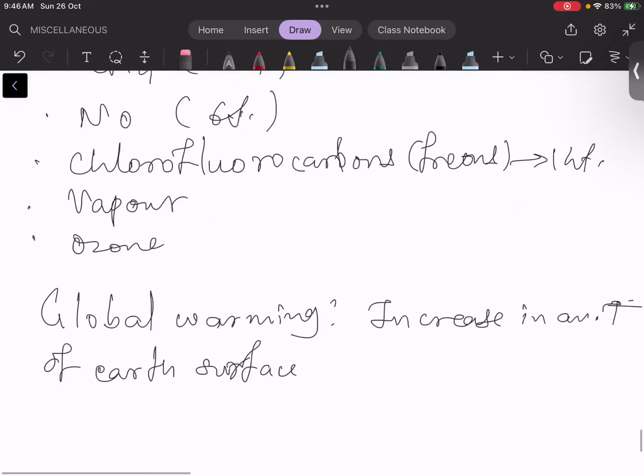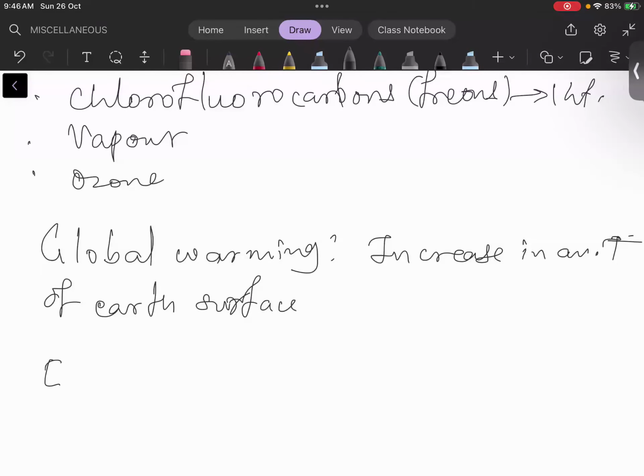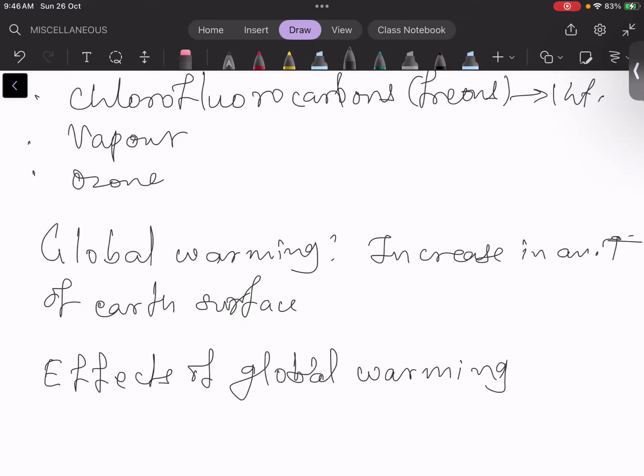What are the effects of global warming? First, melting of polar ice caps.